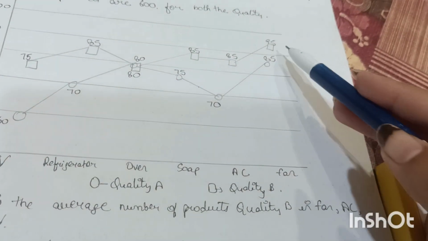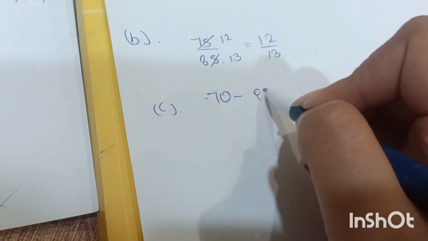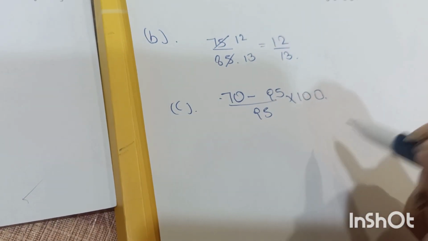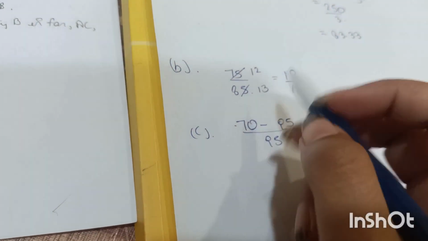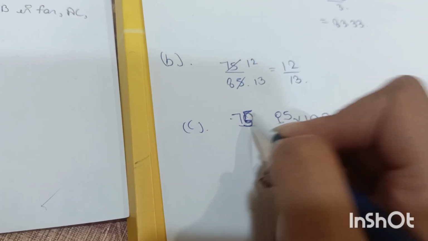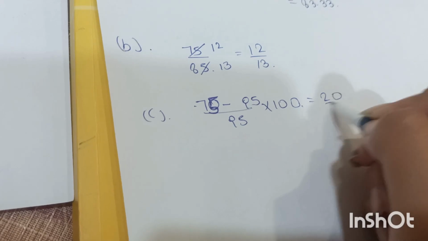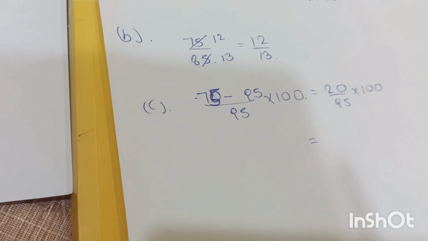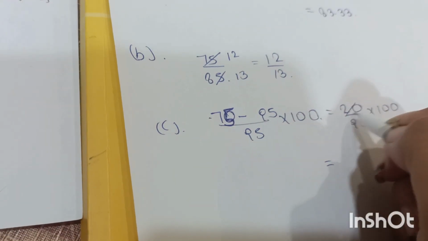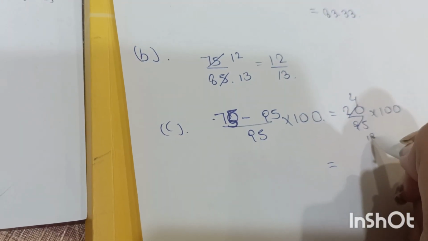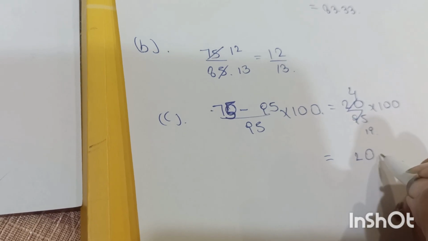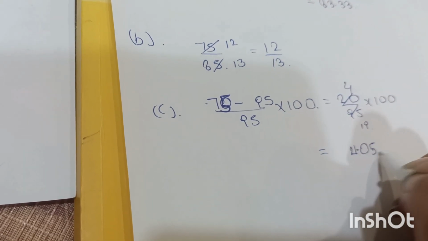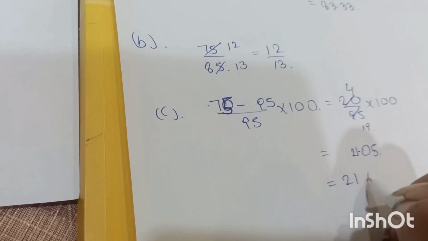So the value is given 95. My bad, it is 75. So when we will solve it, we'll get 20 upon 95 into 100. So when we'll cancel it, we'll get the value as 21.05. So you can write it as 21%.